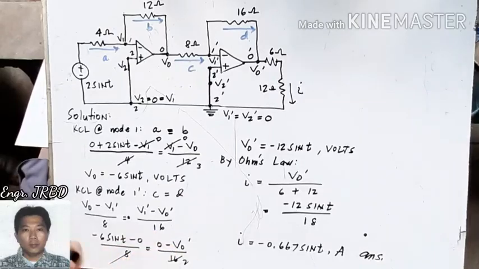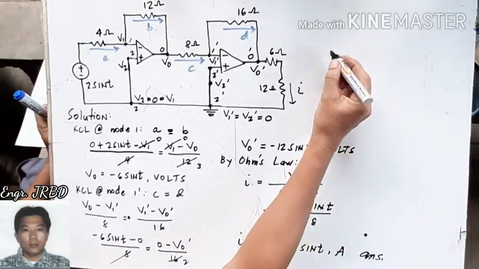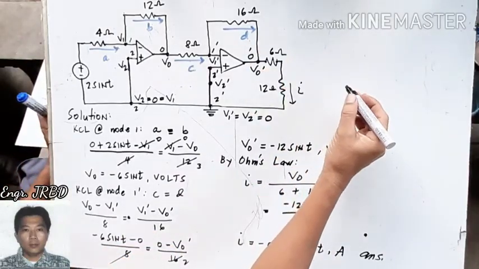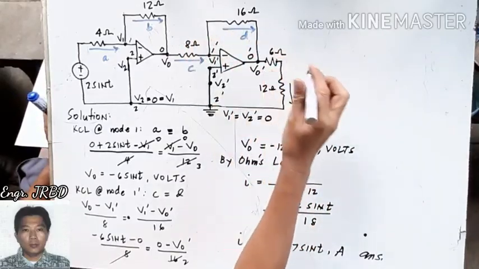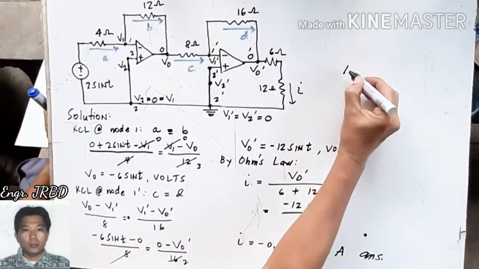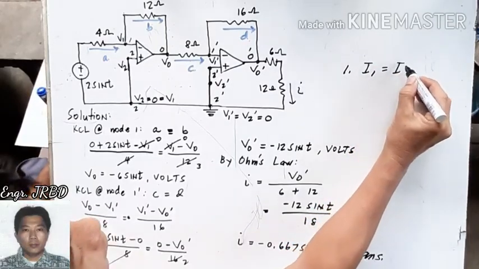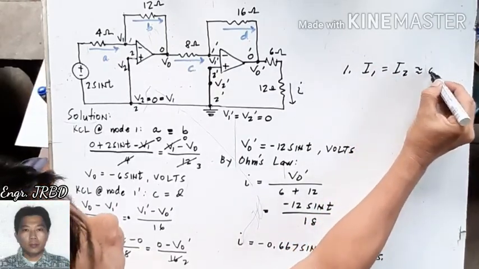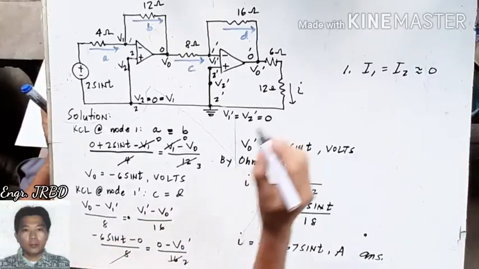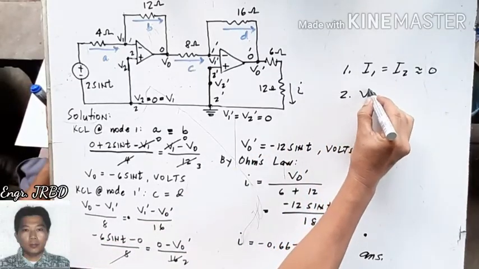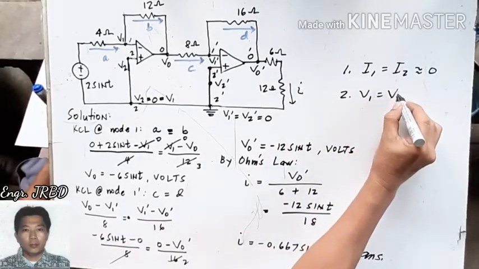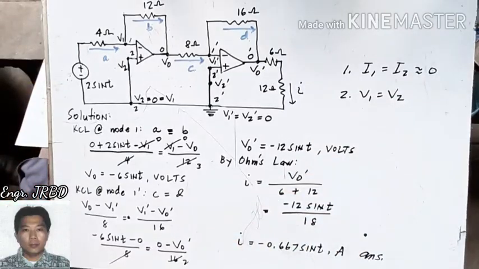Remember, there are only 2 things that you need to utilize in order to analyze an op-amp problem like this. Number 1, always assume that the input currents are approximately equivalent to 0. Second, the voltage at the inverting and non-inverting terminals, regardless of value, are always the same.